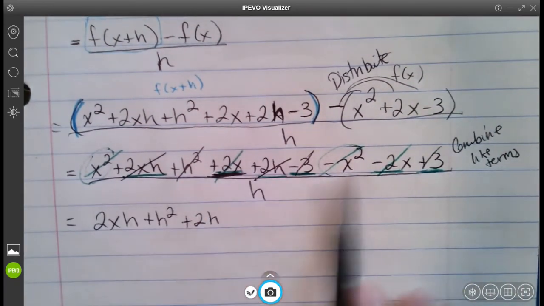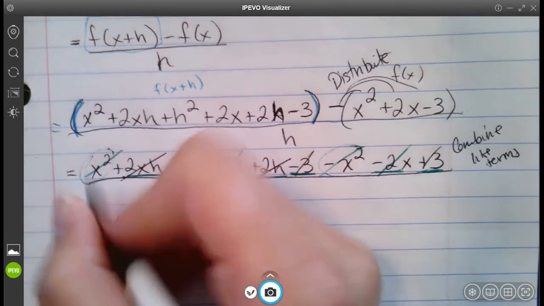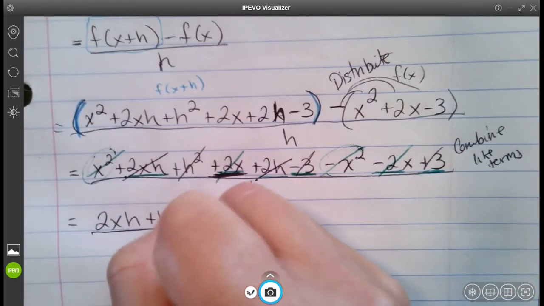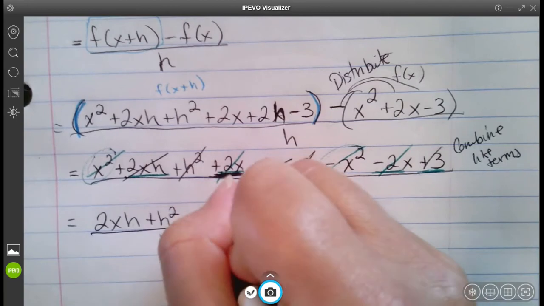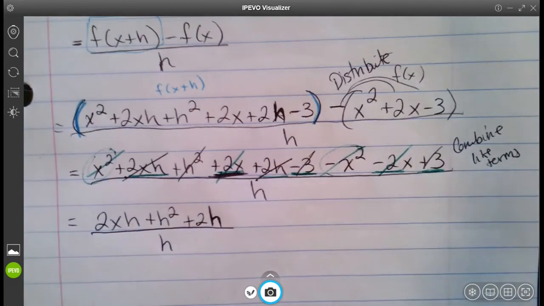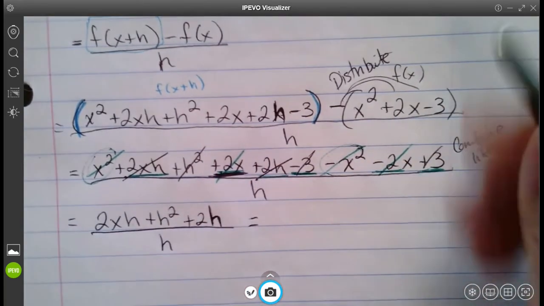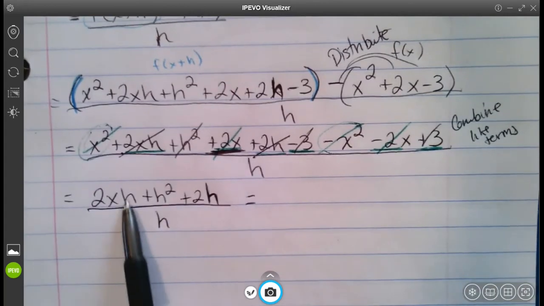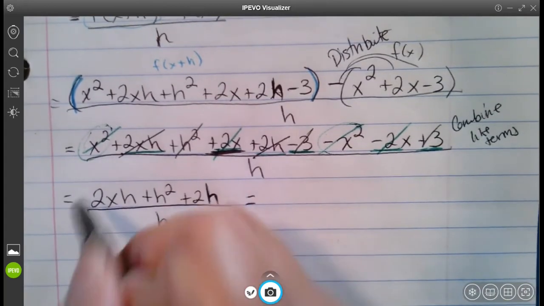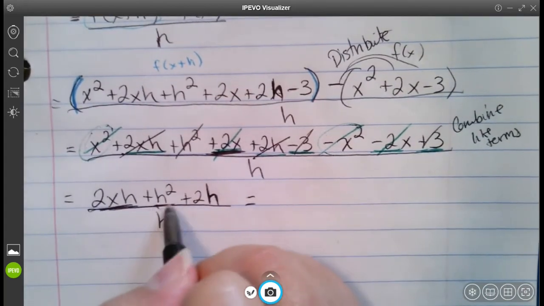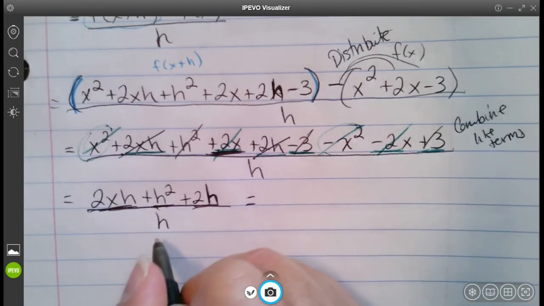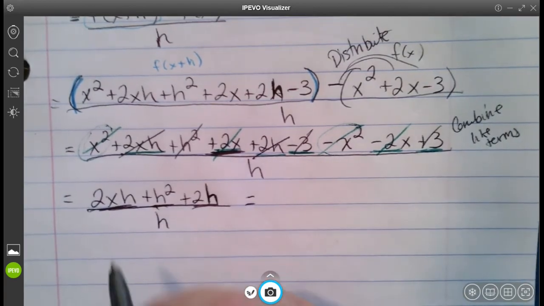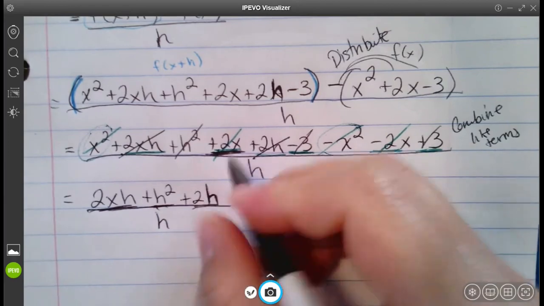So it looks like the top is just this part now, okay? And this is all divided by h. Now you might think we're done, but we're not. Okay, so maybe two more steps. Notice that all of these terms, so 2xh, h squared, 2h, and h, they all have an h. So what I'm going to do is I'm going to factor out an h on the top.